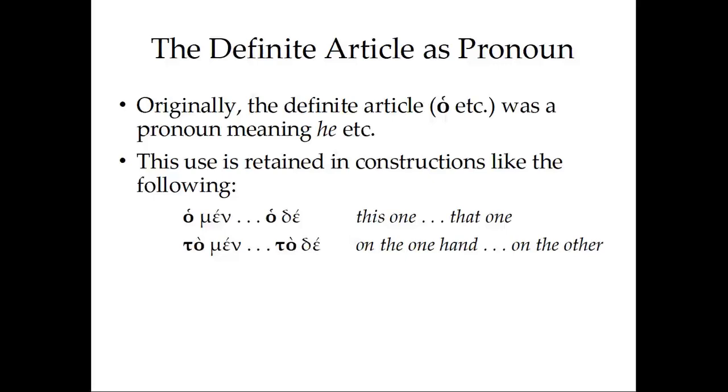It's like, with reference to this thing on the one hand, and then with reference to this other thing on the other. It's really idiomatic in Greek, both of these. And then we have something like ta kai ta, literally "it and it," which means something like "this and that," or "such and such." Such and such might even be a better translation for this. So these are highly idiomatic constructions where the definite article is being used as a pronoun.